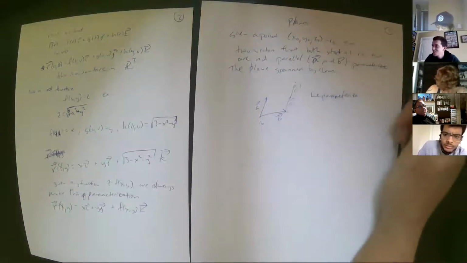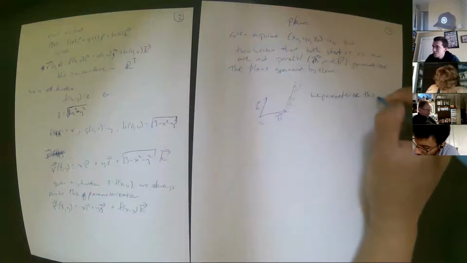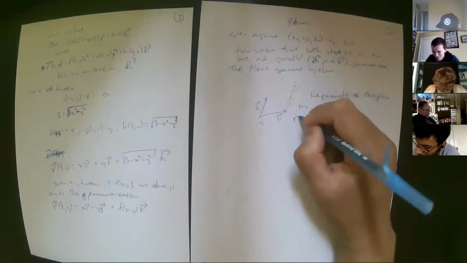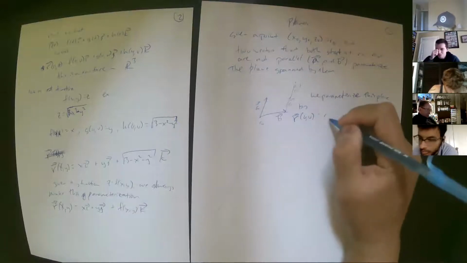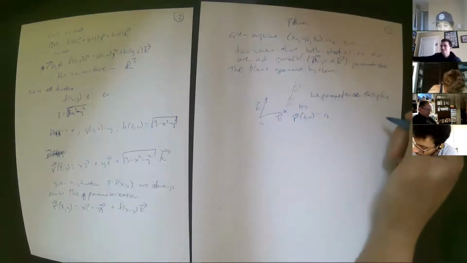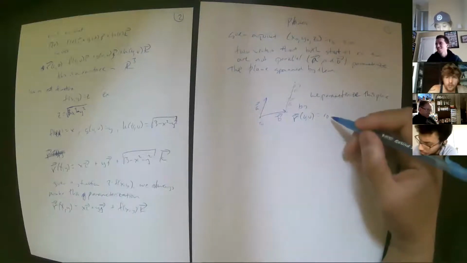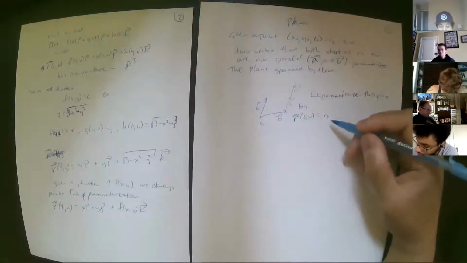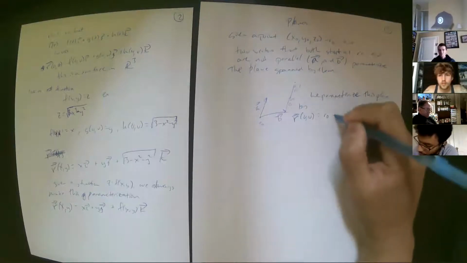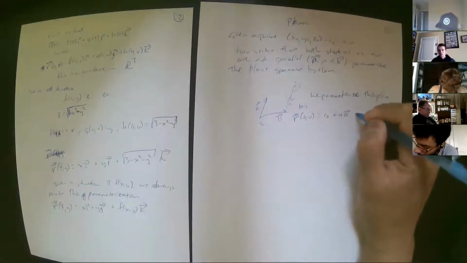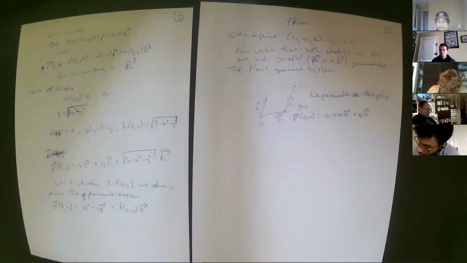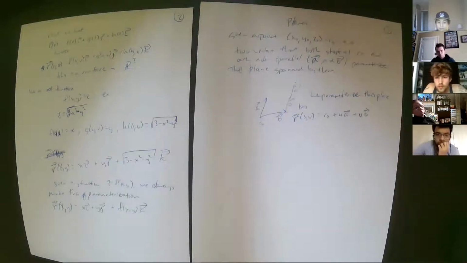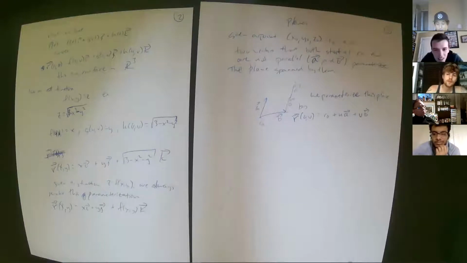Parameterize this plane by R of UV is R0, right? I'm starting at some spot. And then as Nick said, you travel A or B plus U copies of A and V copies of B. So does this make sense?